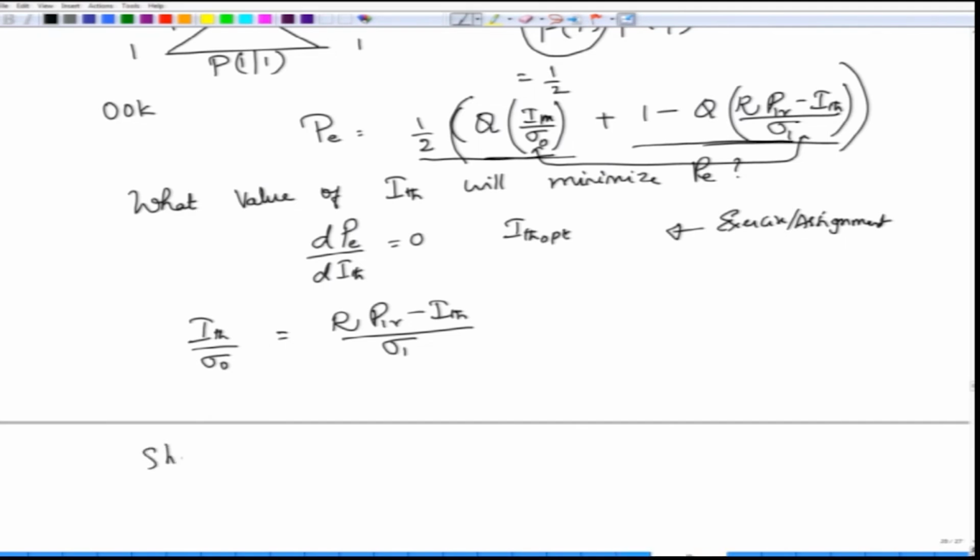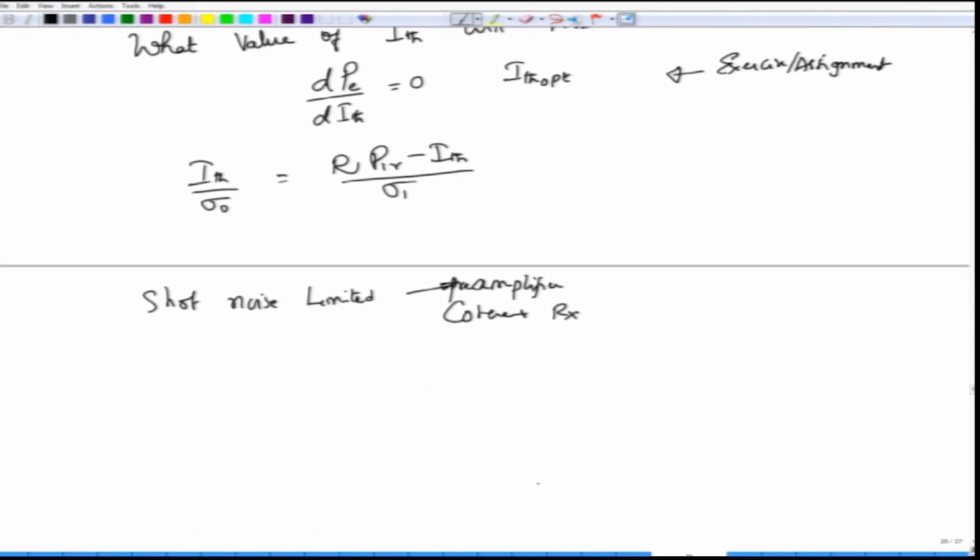When you are shot noise limited, you do not have thermal noise. When do you get shot noise limited? Well, when you get an amplifier in the loop. So, you get a pre-amplifier in your circuit, or you are looking at the coherent receiver. When you have a coherent receiver, these are shot noise limited, for which case sigma 0 will be equal to sigma 1, and what will happen to ITH?